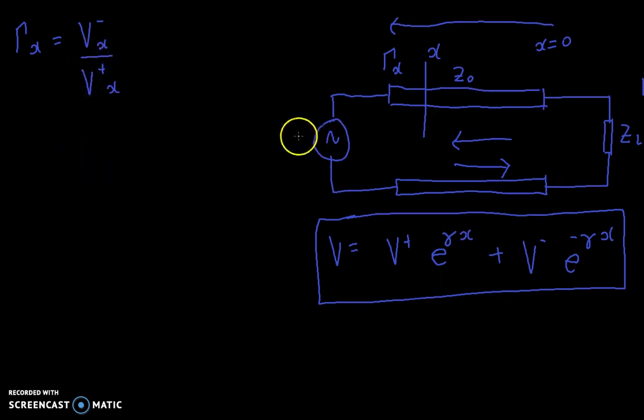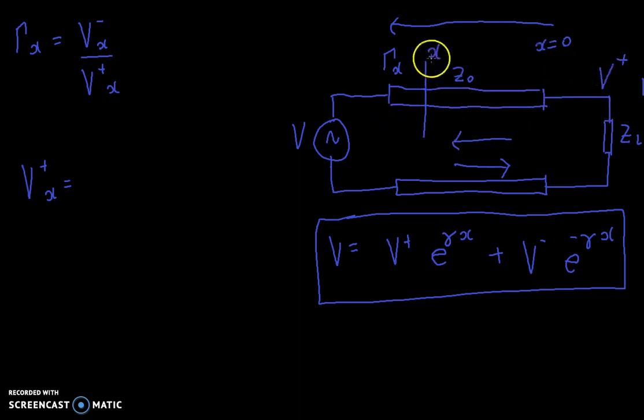Okay, so now we have to find what is the value of V plus at the position x here. So let's write V plus at x is going to be equal to, now we use this value here on this position. So at this position x, remember that we start with the voltage V plus here, which is the value of the wave going to the right at this point.